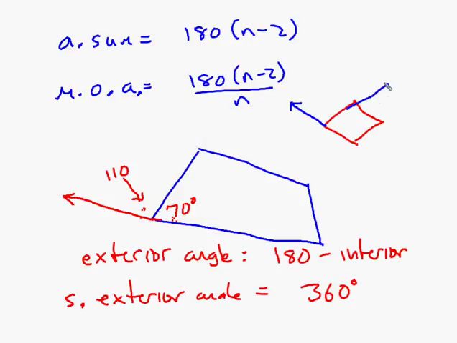If I extend these all out like this, if this is 90, what's this? 90. If this is 90, what's this right here? 90. How many of them do I have? 4. So I have 360 degrees. Okay, now let's do a different shape.